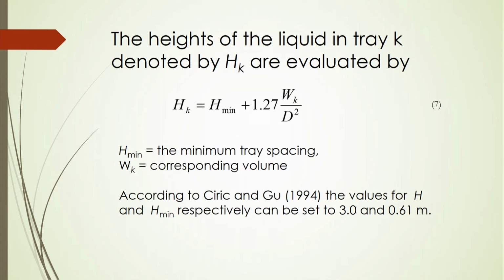According to Sirik and Gu, the values for H and H mean can be set to 3.0 and 0.61 meter respectively. As per equation number 7, after substitution of H mean and H, you can also calculate Wk.